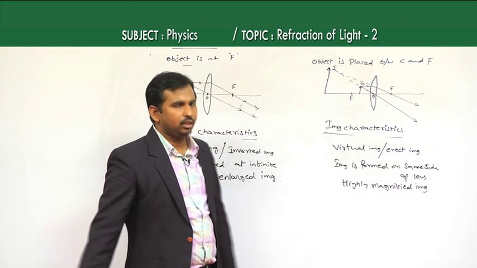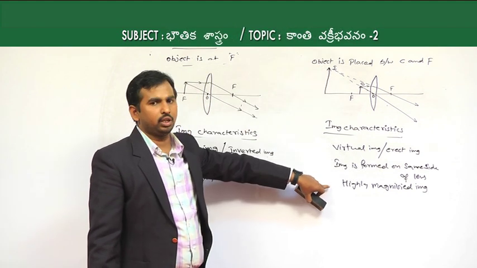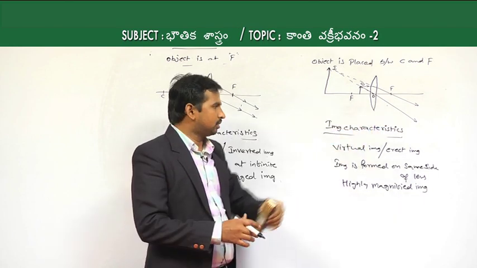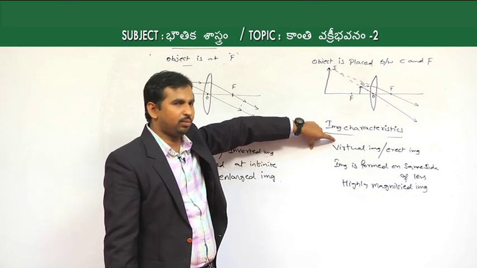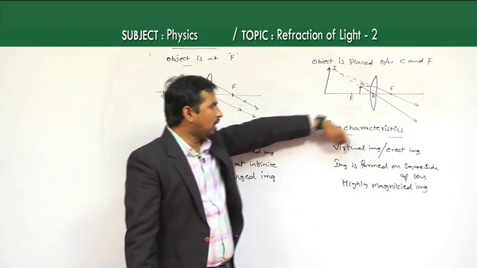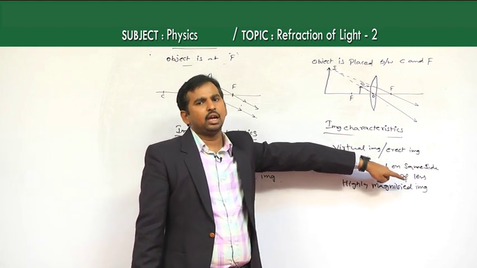So these are the image characteristics for the last case, with the object between the focus and the optic center. The image formed is a virtual image, and an erect image. The image is formed on the same side of the lens, and it is a highly magnified image.